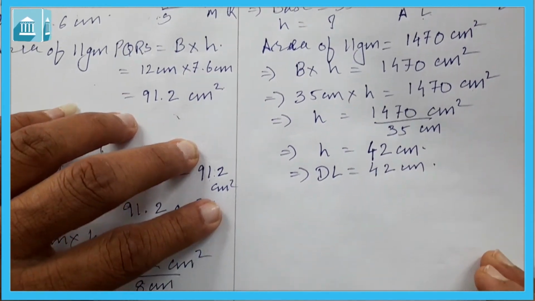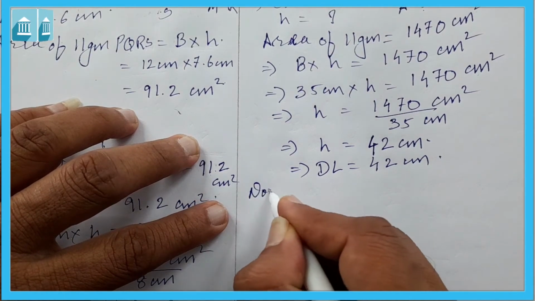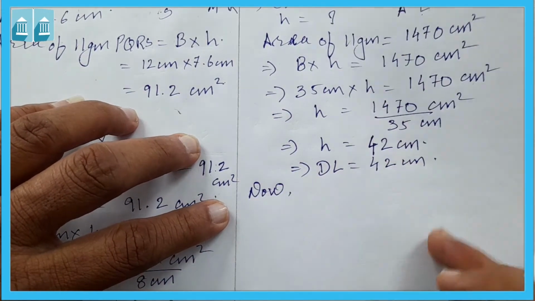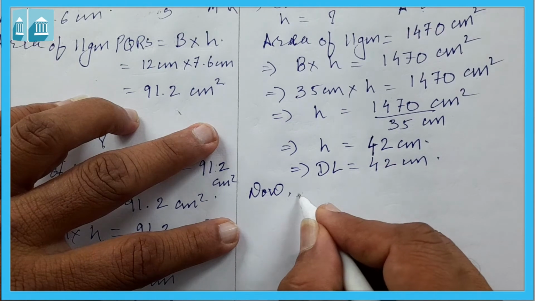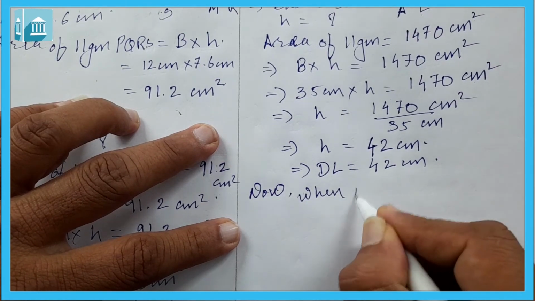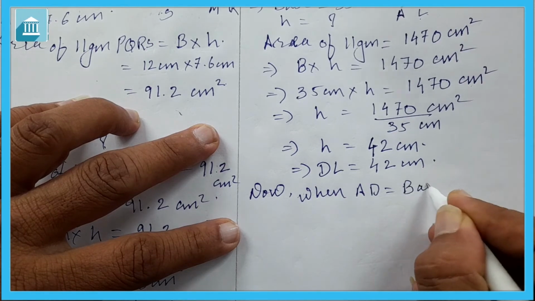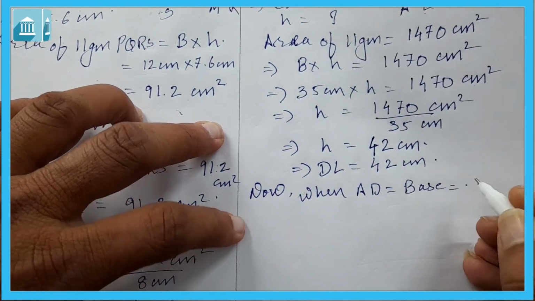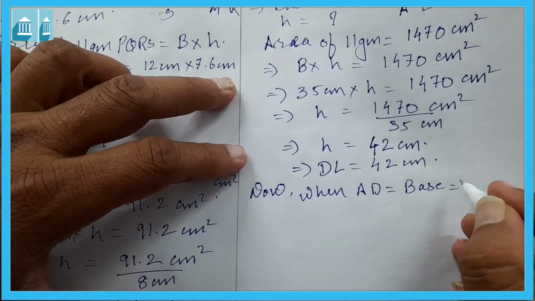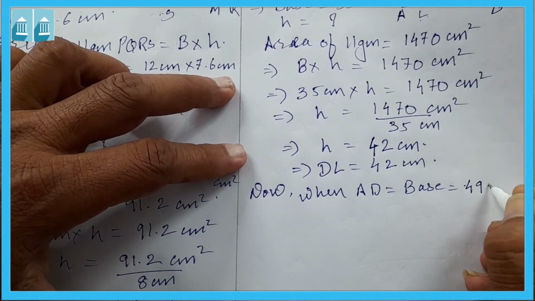Now when AD is the base, AD is given as 49 centimeter.